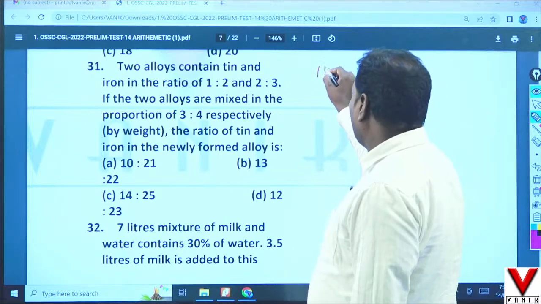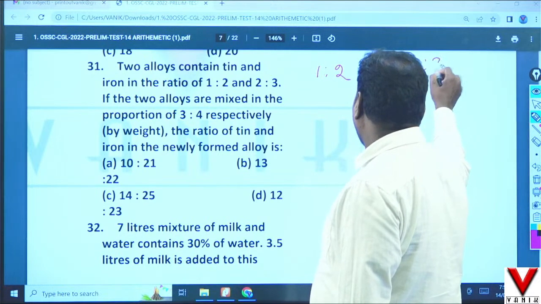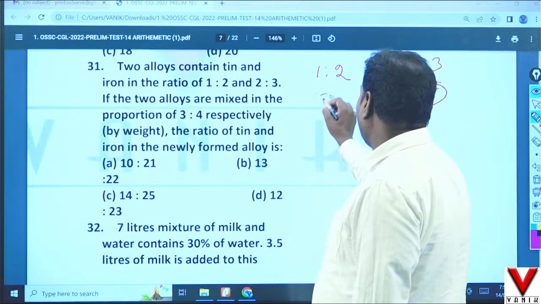It is 1:2 and it is 2:3. That means it is 3 and it is 5.